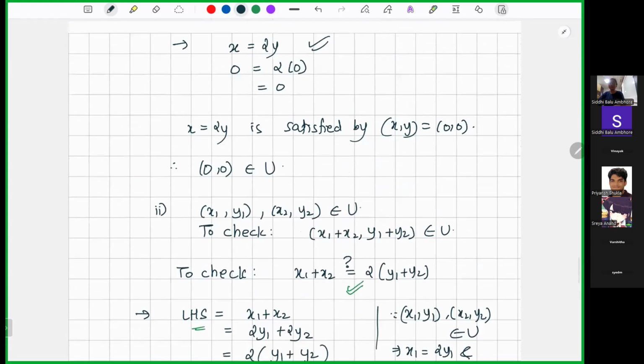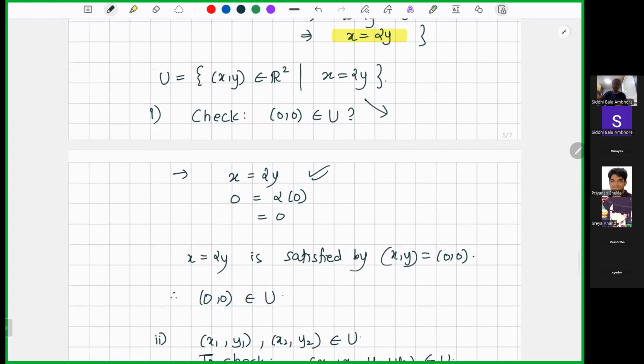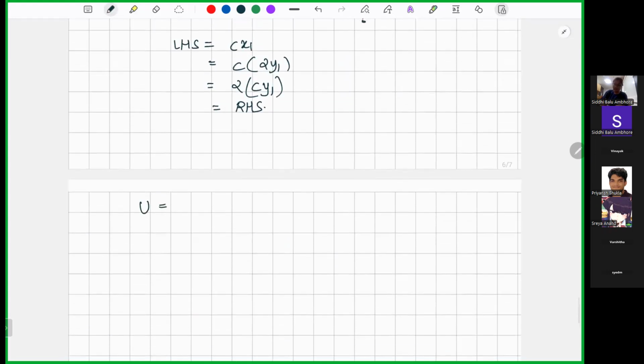But yes, the main crux for this question was to simplify this difficult looking equation to this form. Once we have this, let me just write here. This U is all xy in R2 such that x is equal to 2y.